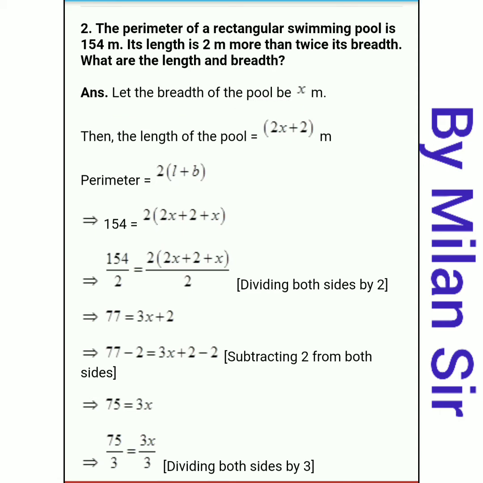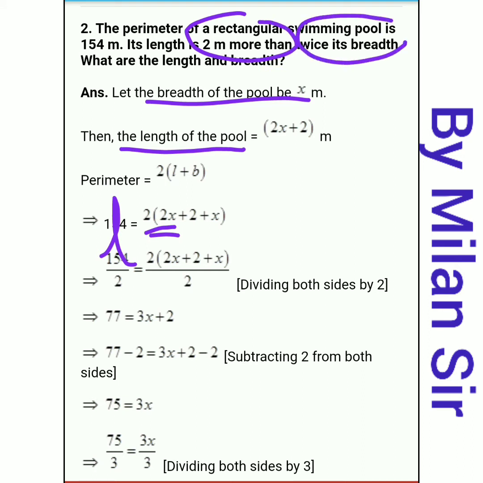After that, length. Now first of all we assumed breadth is equal to x. Now length L is equal to 2 meter more than twice its breadth. Twice its breadth means 2x, we need to multiply by 2. So breadth x multiplied by 2 is 2x, and 2 meter more than that means plus 2.